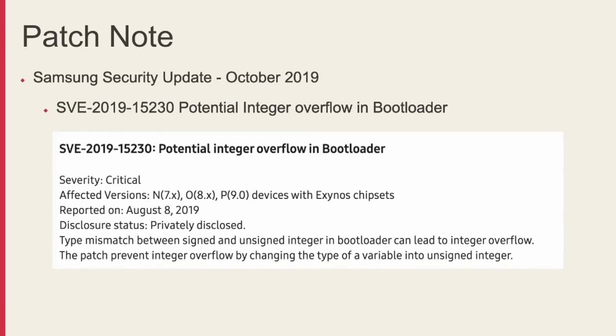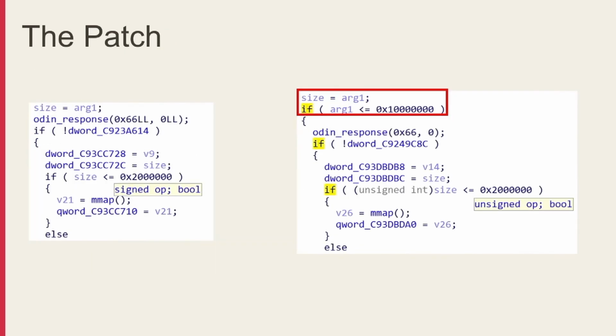After reading the description, I guess the reporter did not notice that the bug can lead to arbitrary code execution. The patch description said it fixed the unsigned comparison issue. But actually, Samsung did not only make the comparison unsigned, but also added a size check to prevent buffer overflow.